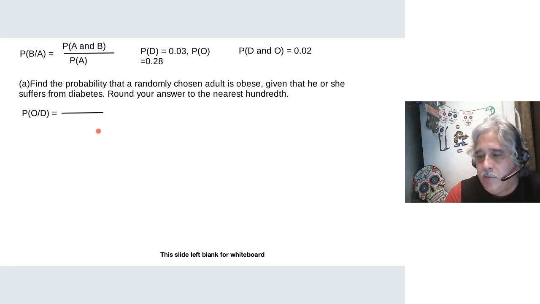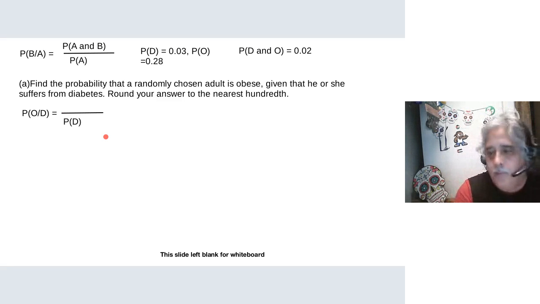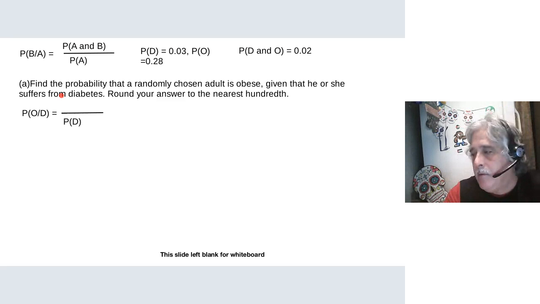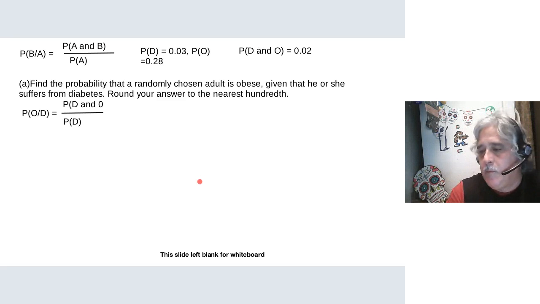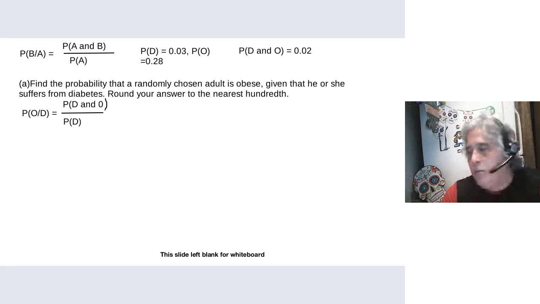So this is what follows the little slant line that says given. Made it one too short. I have to write it. Okay, so that's easy enough to do.